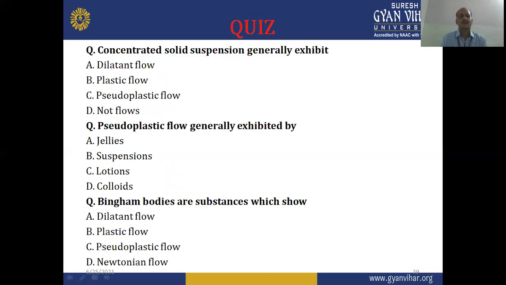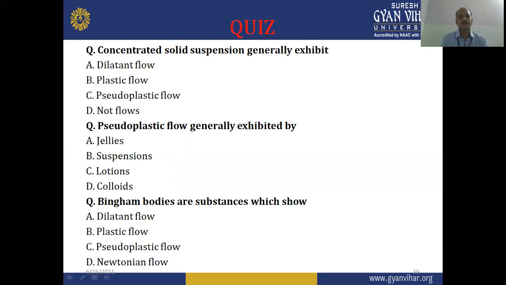Next one is: concentrated solid suspensions generally exhibit dilatant flow, pseudoplastic flow, plastic flow, or no flows. You have to give the correct answer for this question. Pseudoplastic flow is generally exhibited by: A option is jellies, B is suspension, C is lotions, and D is colloids. So you have to go through the reading material and find out the correct answer for this question.